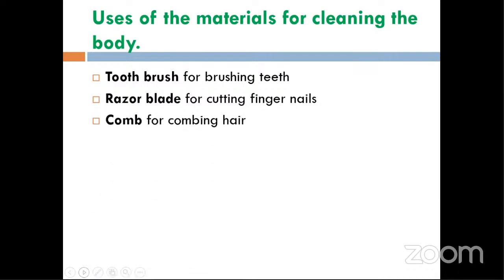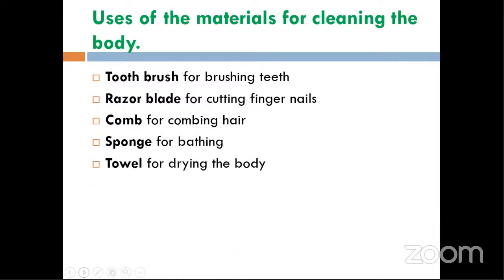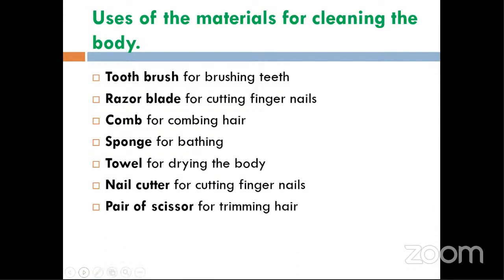We looked at the comb, used for combing hair. The sponge, used for bathing. The towel for drying the body. Nail cutter for cutting fingernails. Pair of scissors for trimming hair. Scrubbing brush for cleaning the heel.